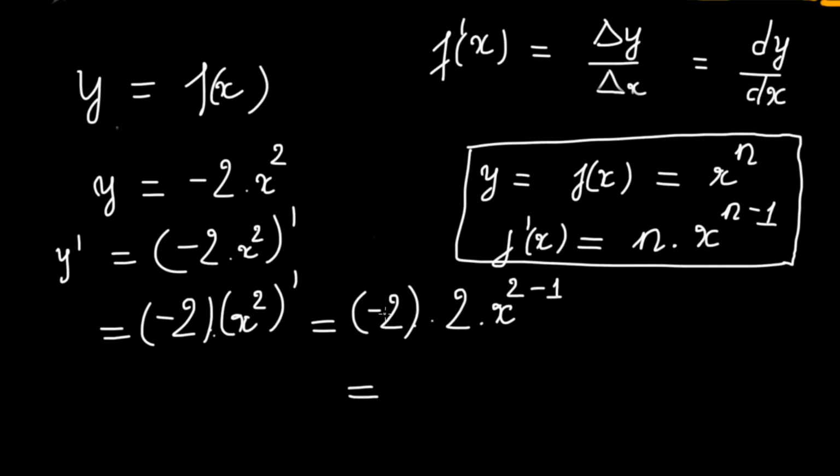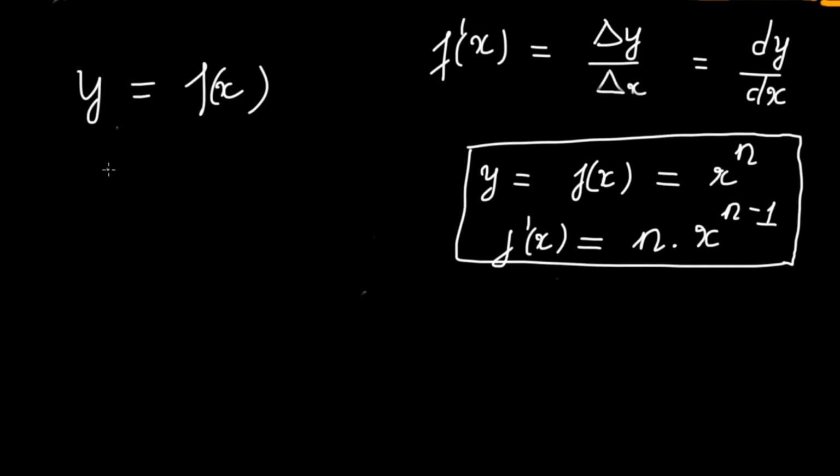Now you see minus 2 times 2, you got minus 4. x to the power of 2 minus 1 equal 1. x to the power of 1, right? Equal minus 4x. When we find the derivative of polynomials like this, you just put a constant term outside first, and then you're focusing on finding the derivative of the power function inside using this formula.